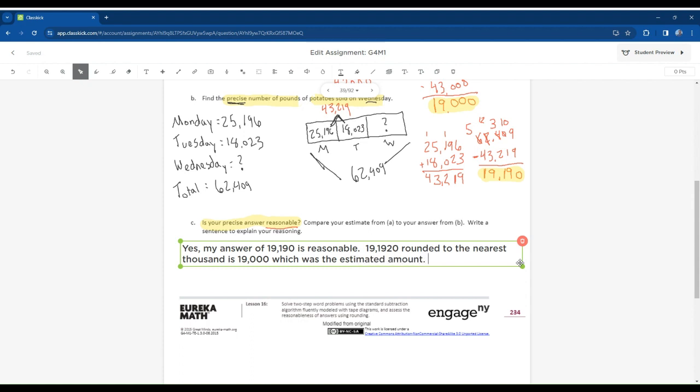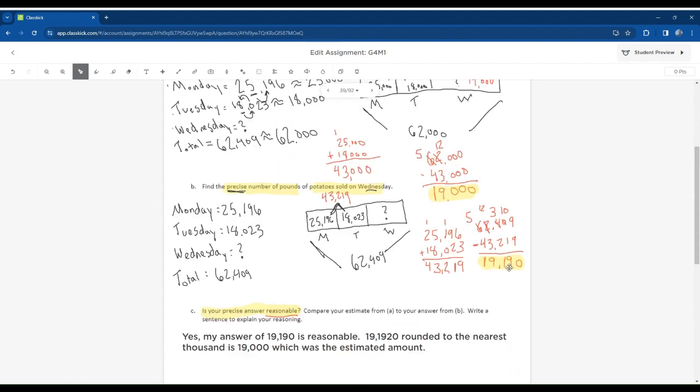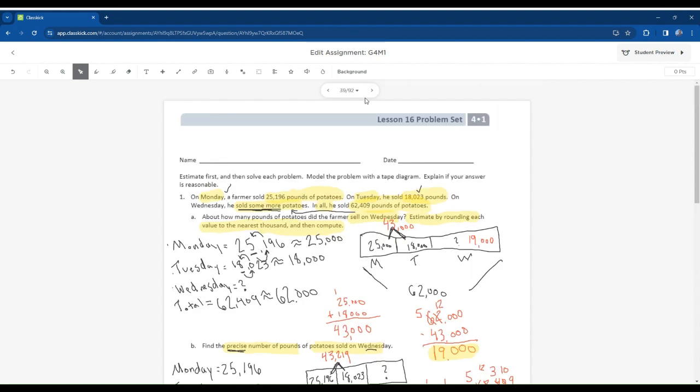Again, we want to make sure that whatever we are doing with our actual answer is close to our estimated answer. This is just a quick way to check to make sure that we're on the right track with our arithmetic. Let's go ahead and move on to number 2.